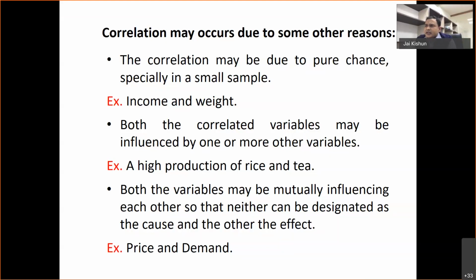The second reason may be that both the correlated variables may be influenced by one or more other variables. Like here we have written an example. Suppose you want to measure the production of rice and tea on 1 acre of land, and you find that the production of these two is increasing in trend.